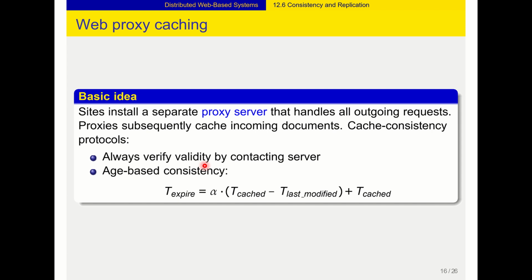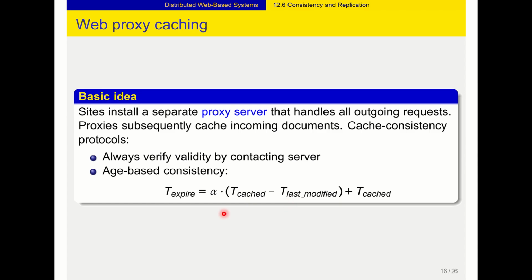And then we have age-based consistency, which uses expiration time. The expiration time is estimated using the document's age and last modified time to decide when the cache copy becomes invalid.